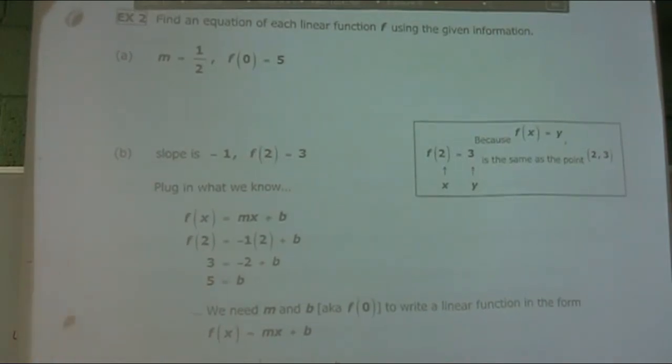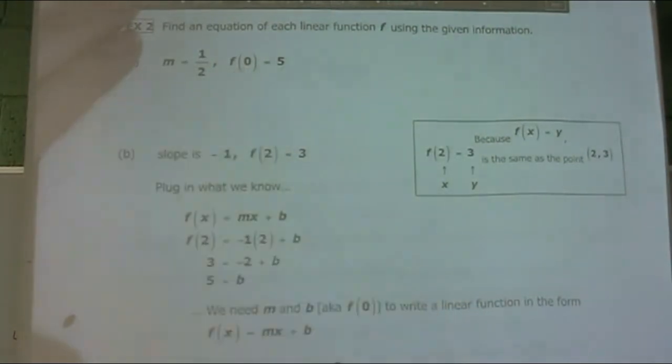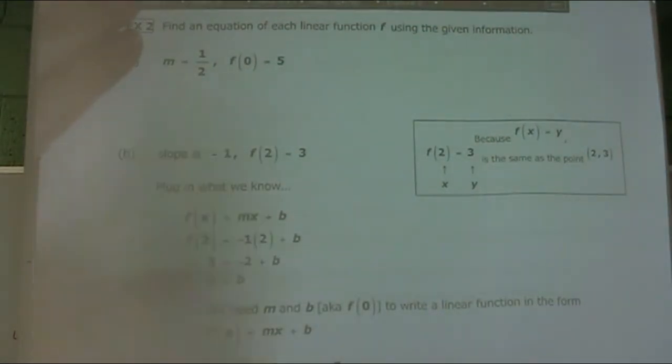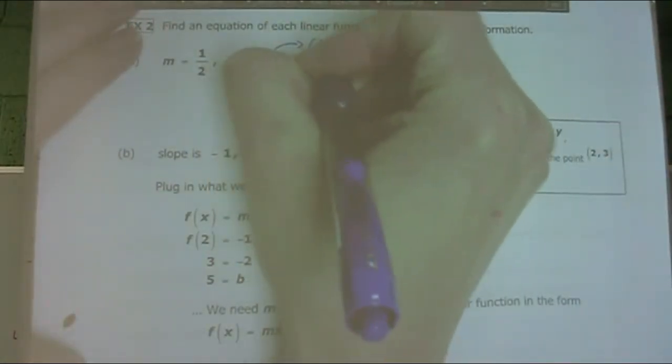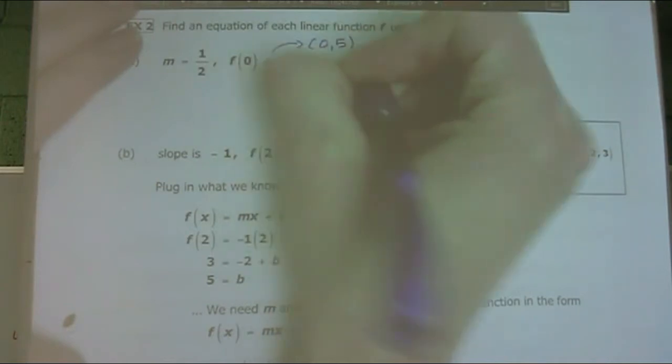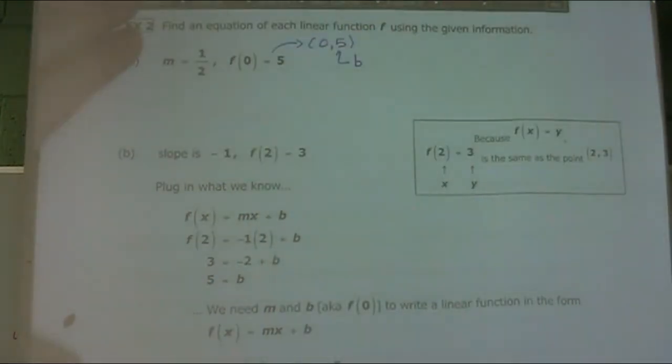Now, example 2 says find an equation of each linear function f using the given information. Remember something I just said: if I had f of 0, that is the y-intercept, because this is the point (0, 5). And this right here is little b. That's my y-intercept.